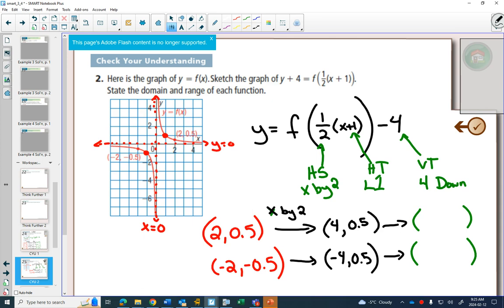And then for translations, we're going left 1 unit and 4 down. So if I go left, that'll be at 3 and -5. And 4 down, this will be at -3.5 and -4.5.